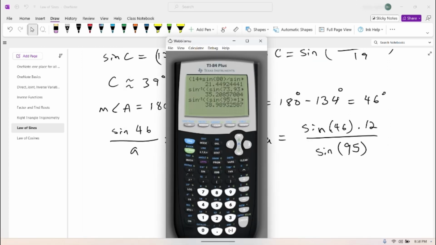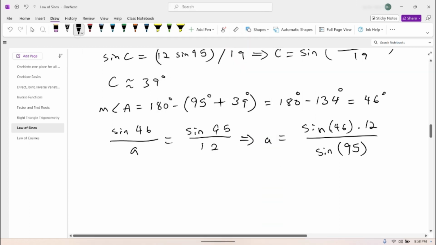And then I can go back to my calculator now. So let's change some of these numbers. So we have 12 times sine of 46 divided by sine of 95. We hit enter. So A is 8.67.